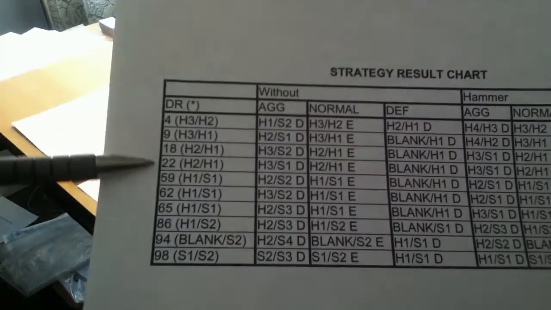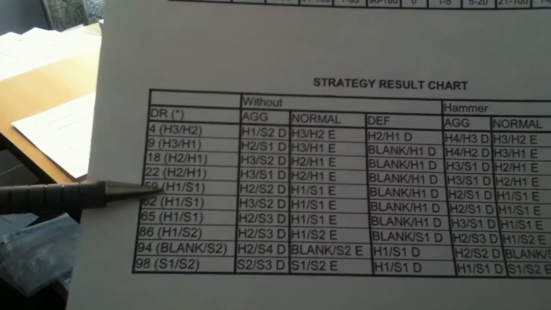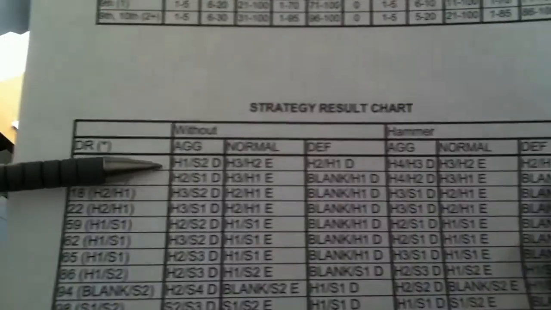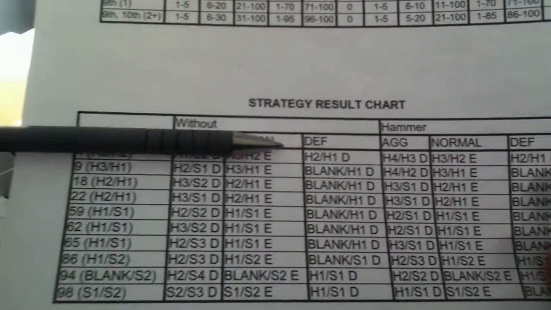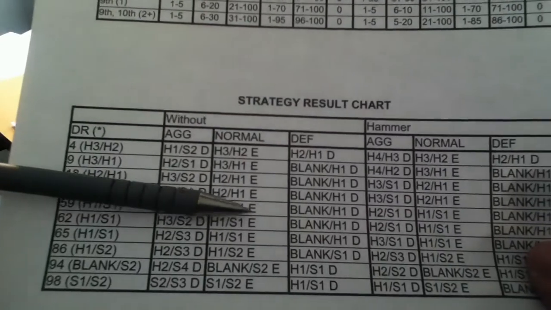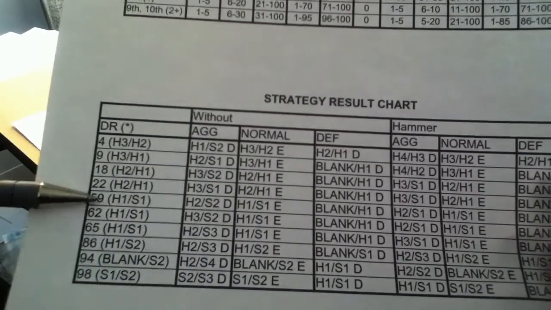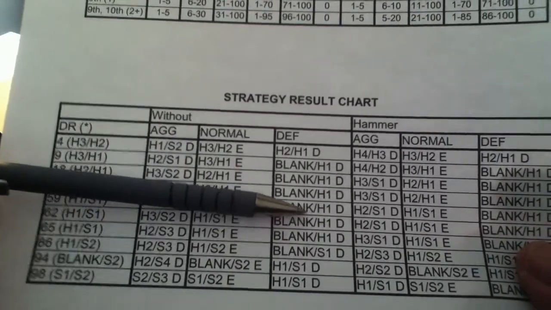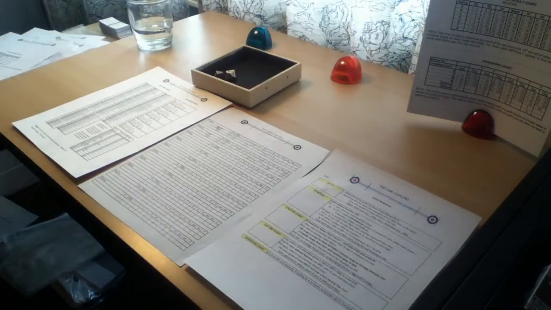The next thing you do is look on the strategy result chart, and you look at the original dice roll, which was 59, we said, H1S1. So then it's the team without the hammer, and they're playing defensively, and it changes from an H1S1 to a blank H1 with a difficult rating, and then you would just proceed like you would normally.